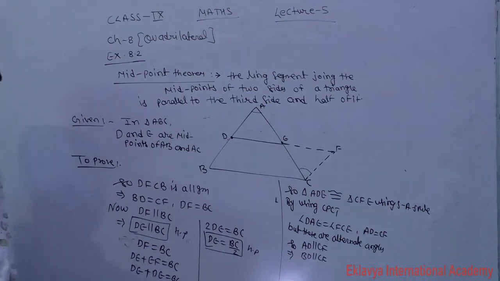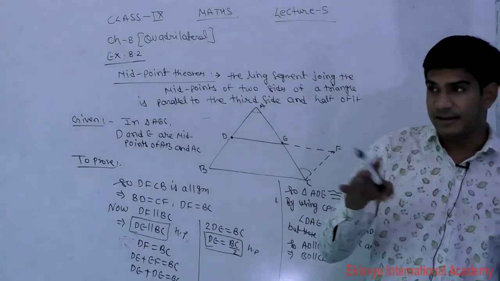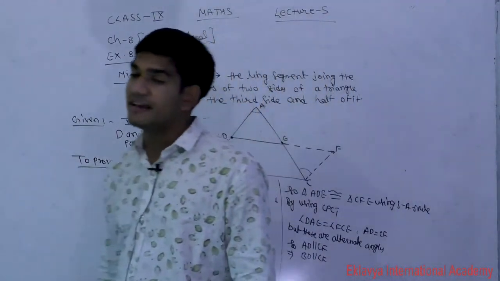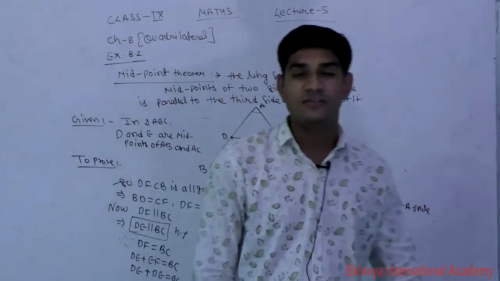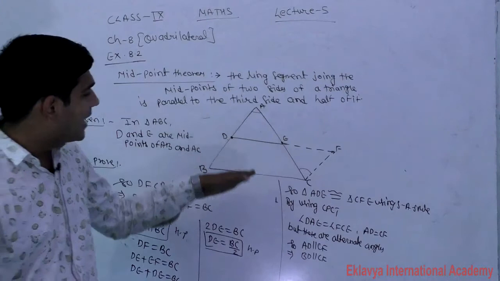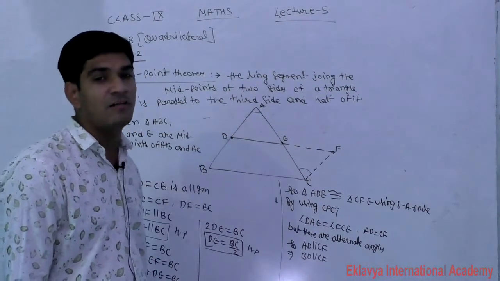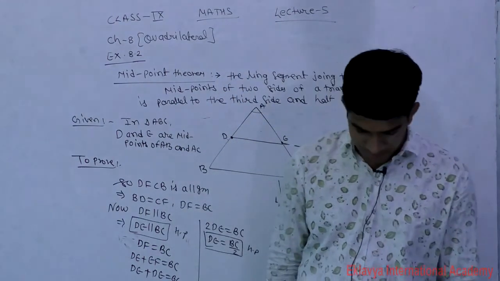Understand? So when will we use the midpoint theorem? When in a triangle two midpoints are given to you, then the line segment joining the midpoints is parallel to the third side and half of it. That is the statement of midpoint theorem. Any problem?